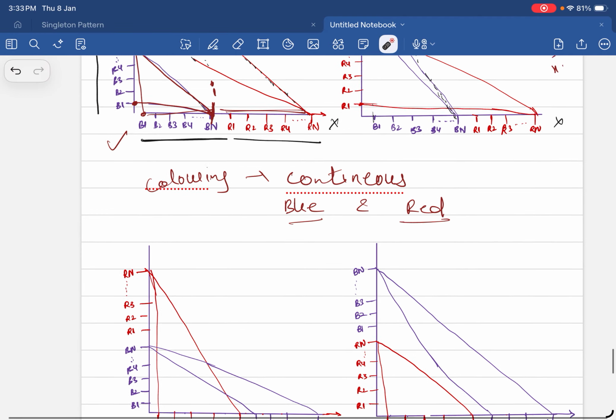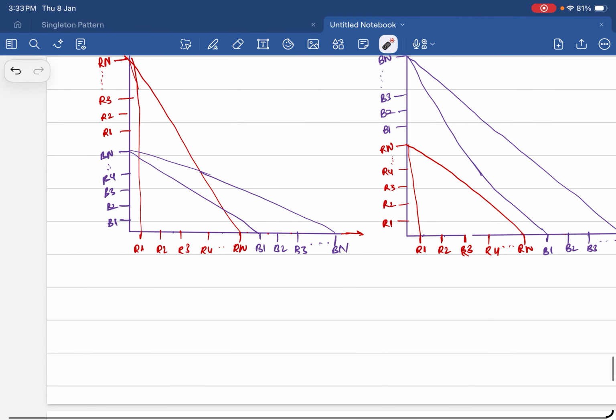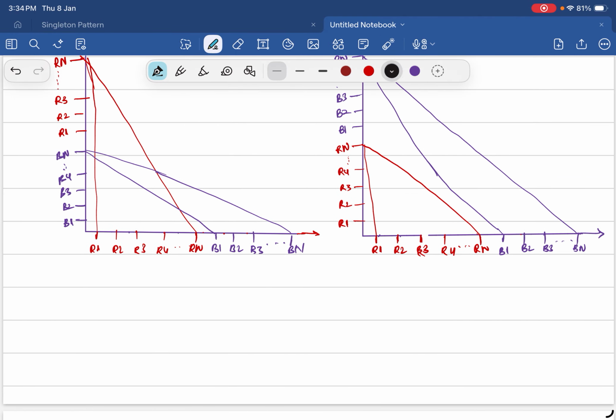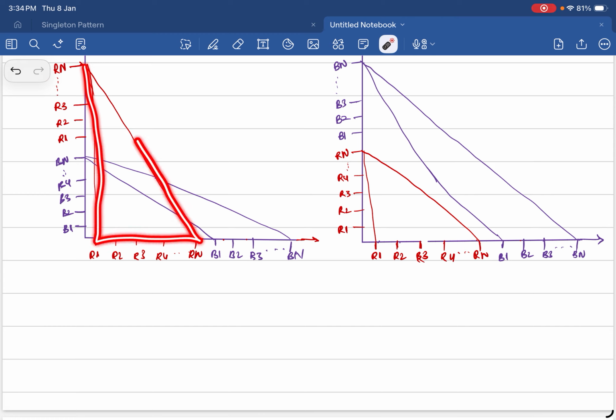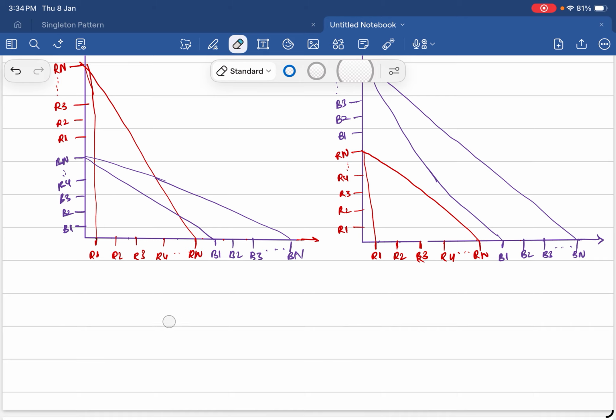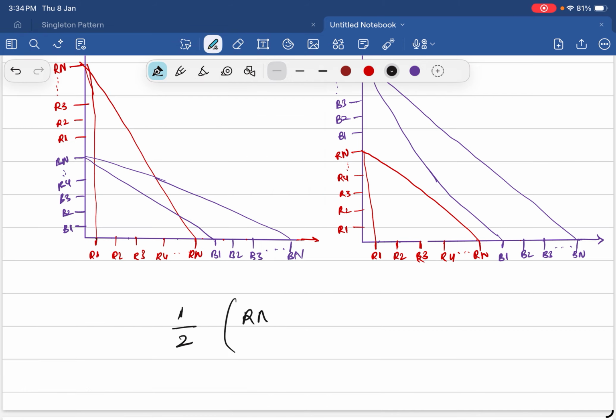If I write it in a more clear way, let's take this triangle and write the formula for it. Then it will be half Rn minus R1, this is xr1 into yrn. Okay, this will be the first triangle area.